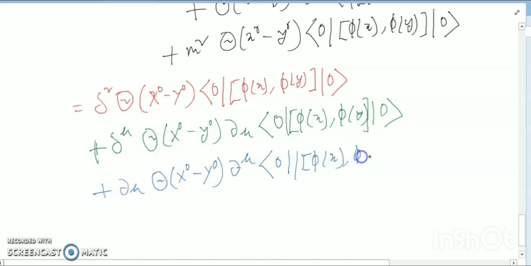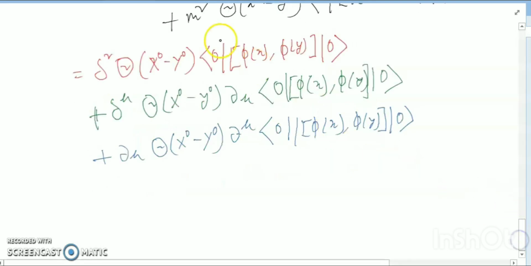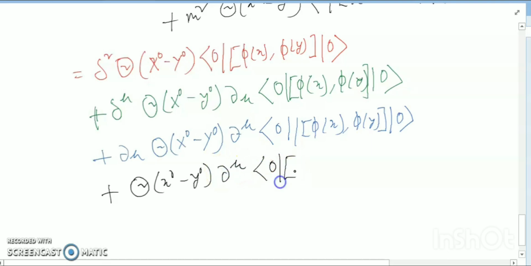Just changing the color for your better understanding, plus capital theta x0 minus y0 del mu of phi x comma phi y, so this is 0.